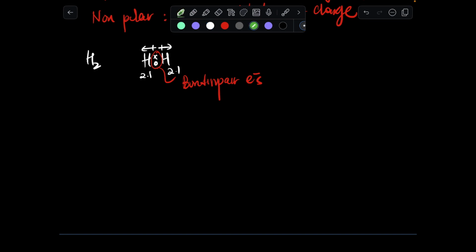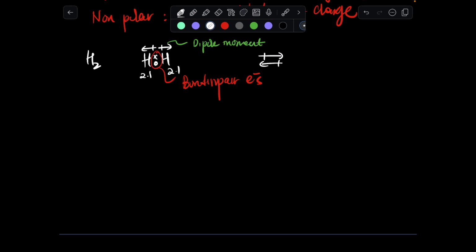So these arrows that are shown here, we call them dipole moments. Each of them is equal. If you represent them as vectors, you have an arrow going in this direction and an arrow going in this direction.